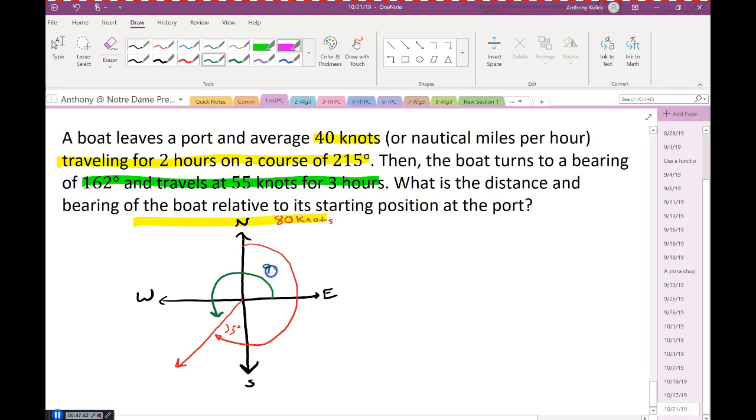So to calculate this, we're going to do 90 plus 90 plus 55, because 90 minus 35 is 55. So I get that my angle alpha is going to be 235 degrees. I'm going to call this alpha.